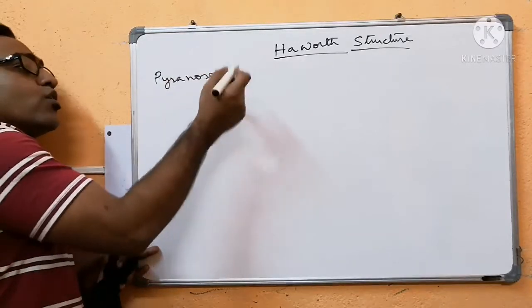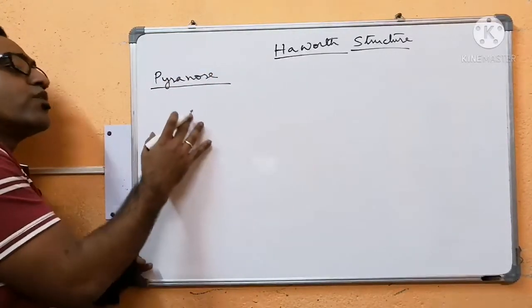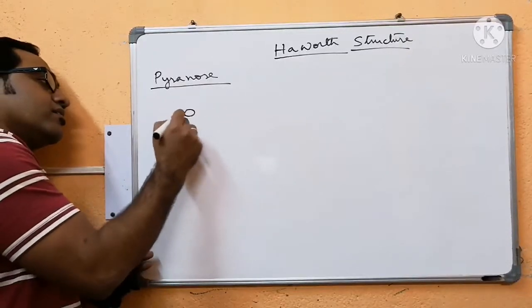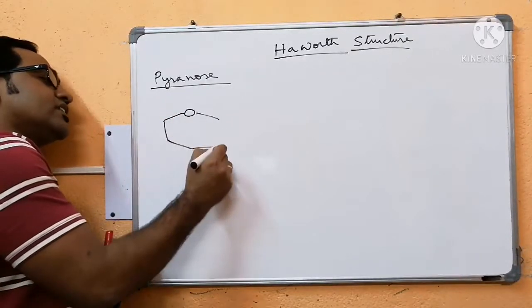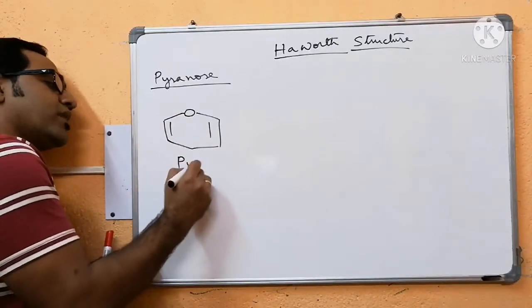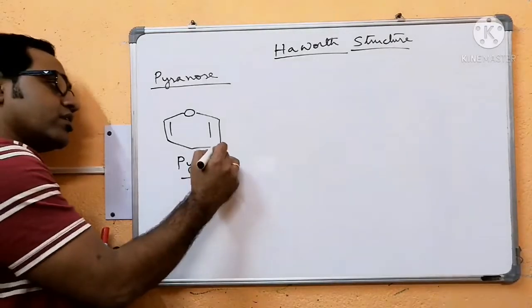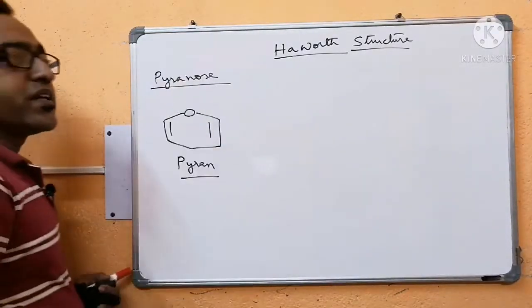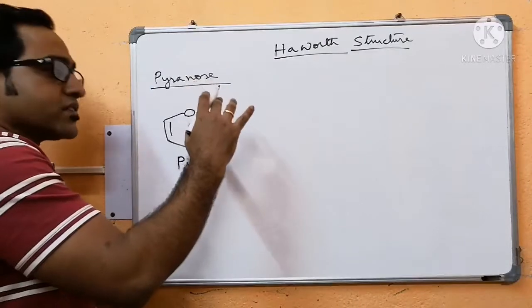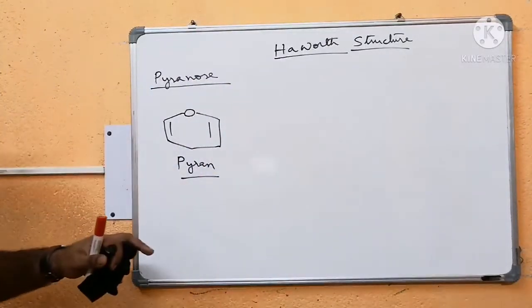Or you will be asked what is meant by pyranose structure of glucose. Okay, first we should know what is pyran. Pyran is a 6-member heterocyclic compound. This is called pyran. Now the 6-member cyclic chain of glucose is called pyranose structure.